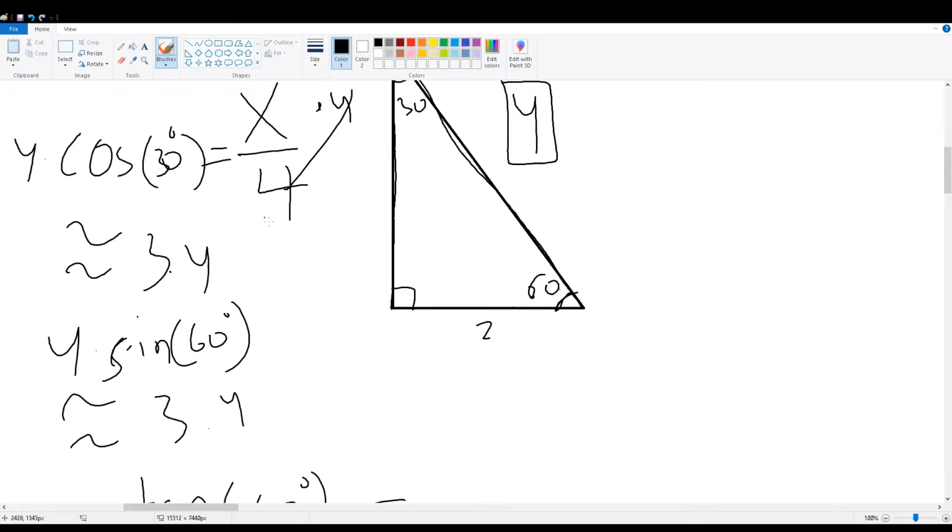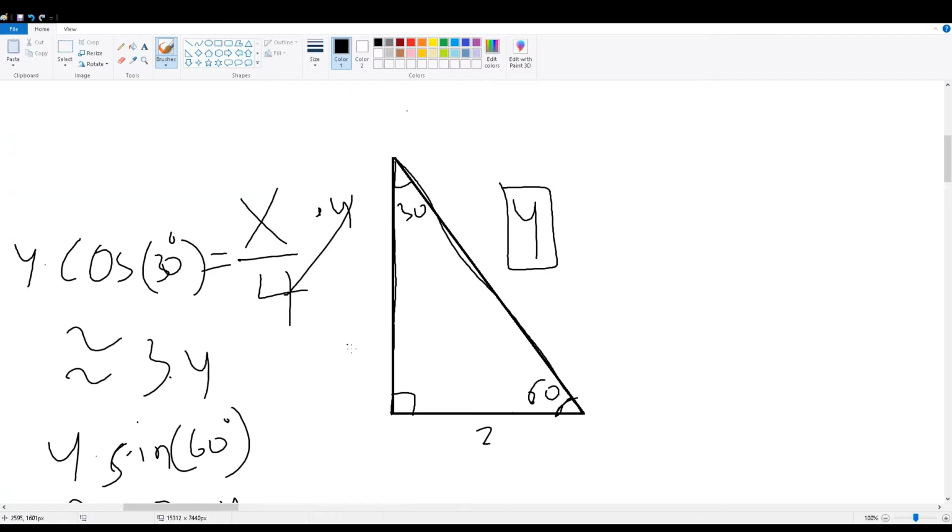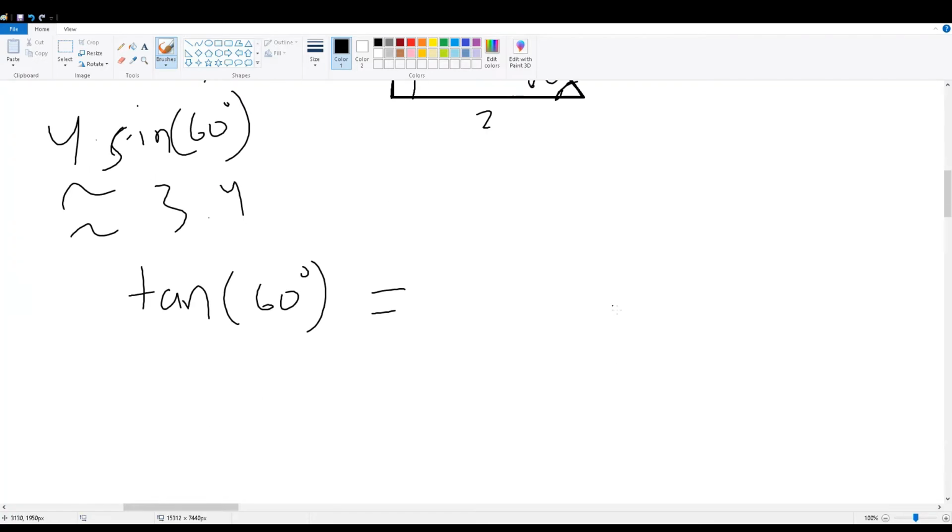You might be compelled to argue that 4 is the adjacent side, the side right there. But it's not that, because that is the hypotenuse of the right triangle. We never use the hypotenuse for opposite or for adjacent. So the tangent of 60 degrees is x over 2. If we multiply by 2, we get x is equal to 2 times the tangent of 60 degrees.